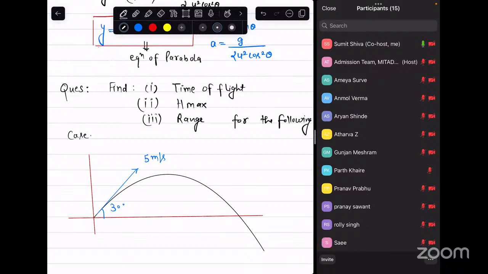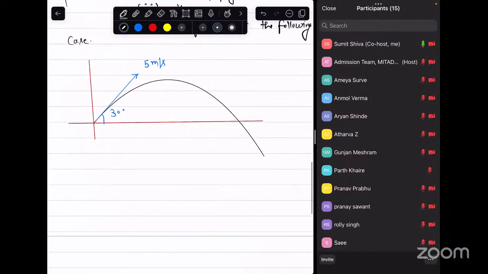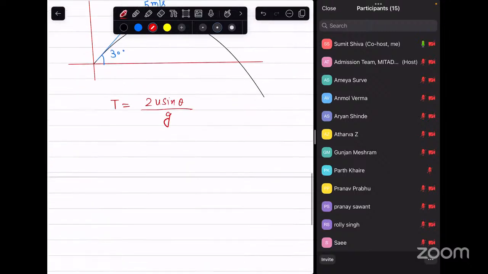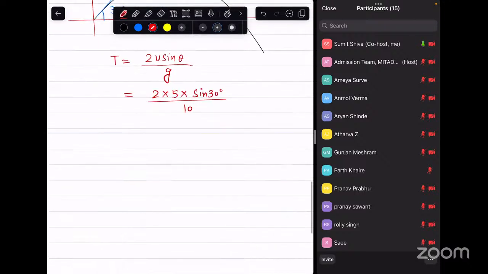So what is the formula for time of flight? Yes, time of flight T is 2u sine theta divided by g. And if you apply the formula, this will be 2 into u is 5 into sine 30 divided by g. G, let me take as 10.